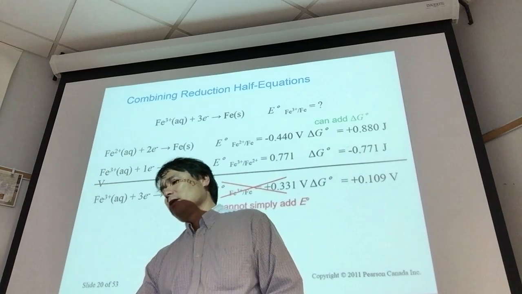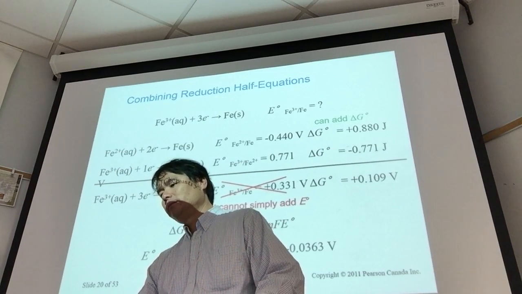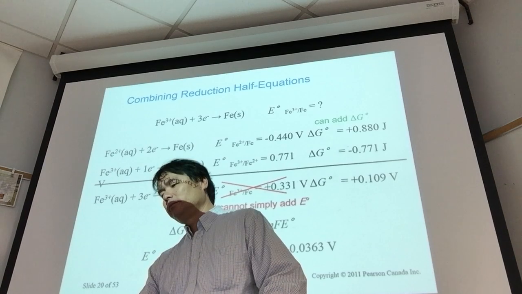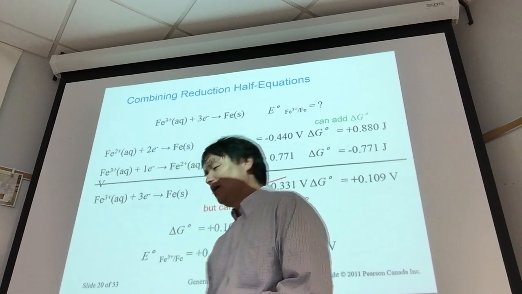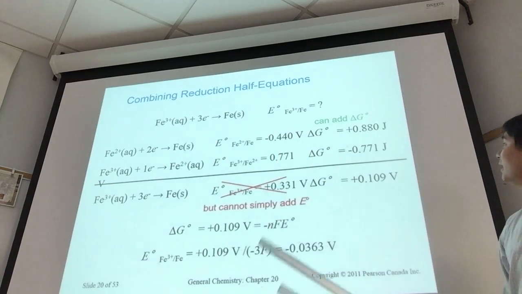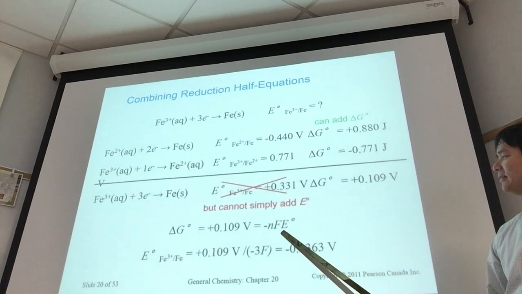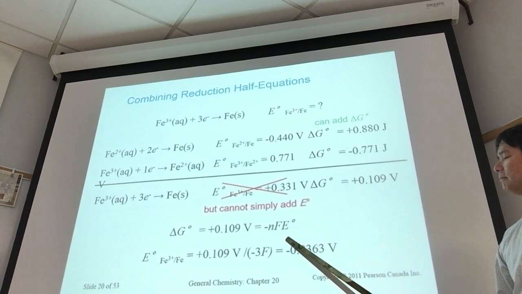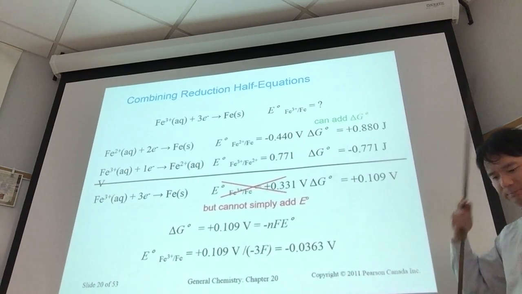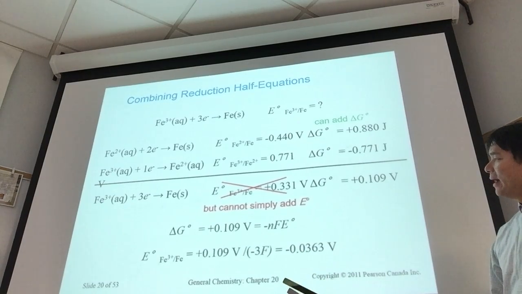How do we get delta G then? Well, let's take a look. Actually, if we have the delta G or the E, we can get it here, whether it's a half reaction or not. So how do we get it?